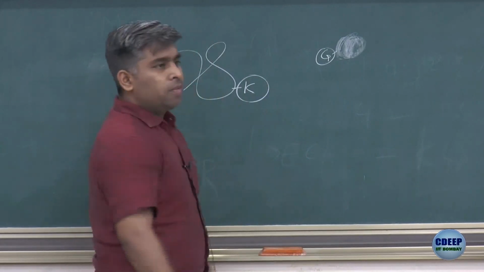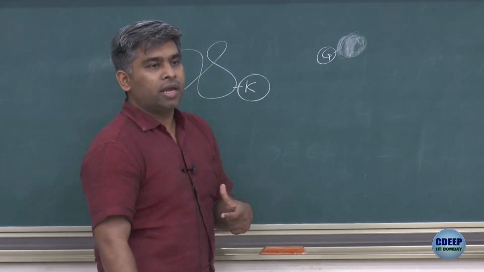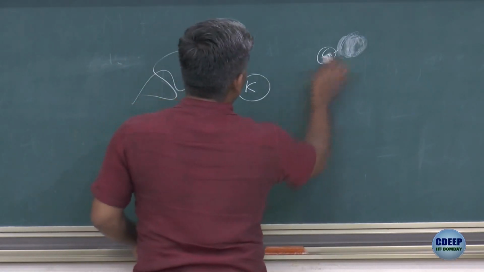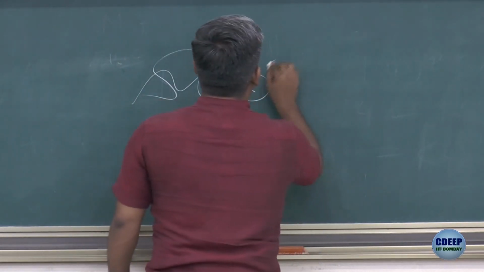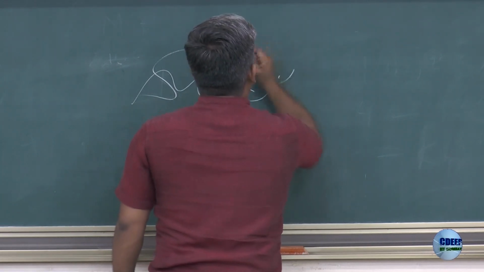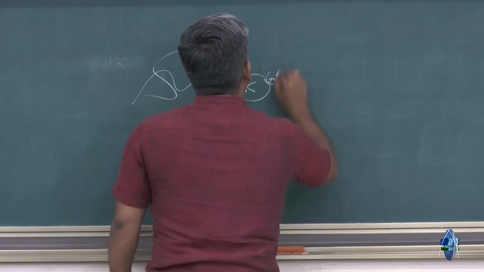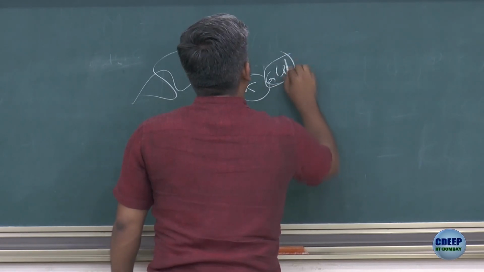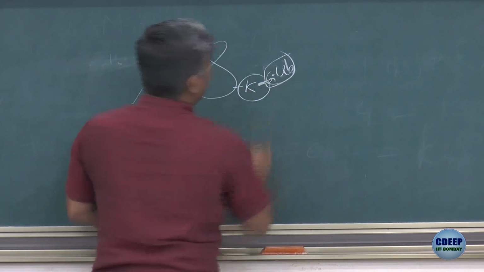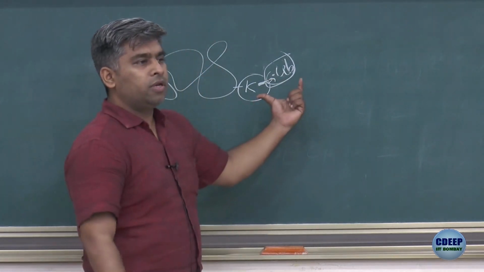So your HECT E3 ubiquitin ligase will first come and attach, and the lysine will be attached, a covalent modification will happen.